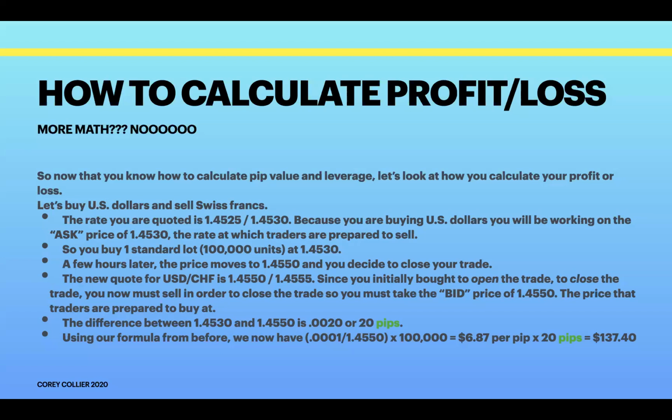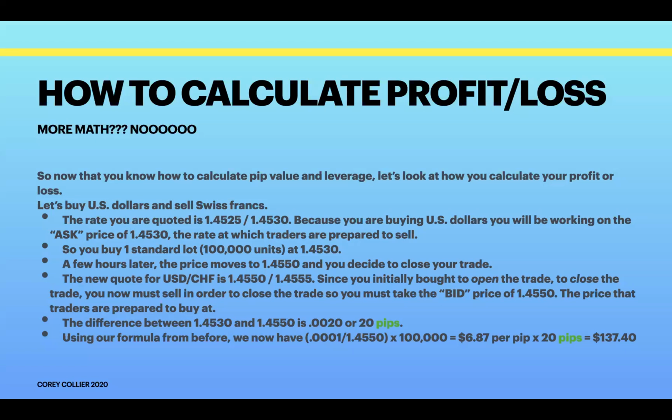So if you buy one standard lot, or 100,000 units, at 145.30, a few hours later, price moves to 145.50. You decide to close your trade. That's 20 pips. You just won 20 pips. The new quote for the USD/CHF is 145.50. That's your bid and ask price since price moved up, right? Since you initially bought to open the trade, to close the trade you must now sell.